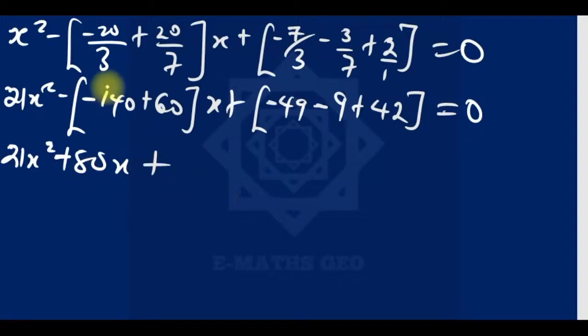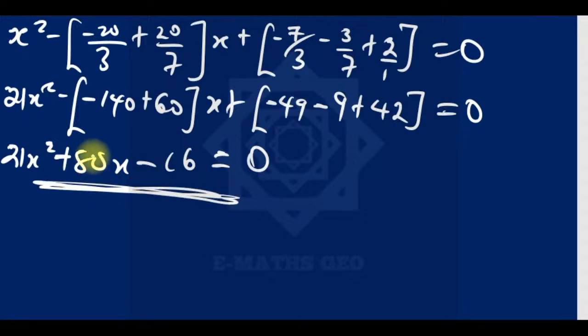Plus, minus 49 plus that is minus 7, minus 7 minus 9 is minus 16. So I have minus 16, equal to 0. So that's our answer. That's the equation.